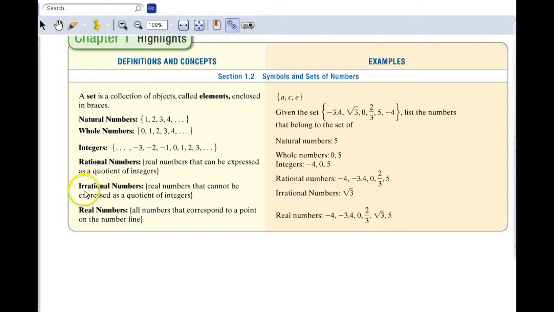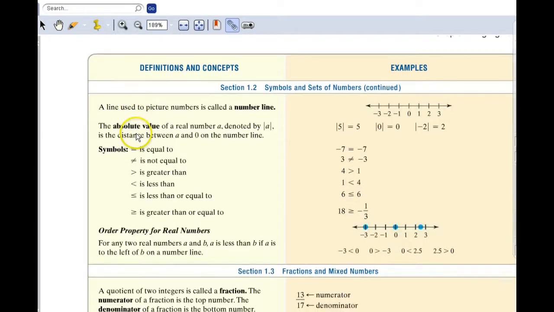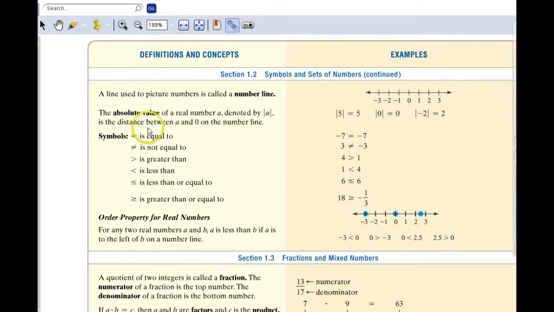These would be the irrational numbers. And if you look over here, you see examples of all the things we've talked about. And then finally, all of the numbers on the number line are real numbers. So let's go on to the next page. So again, some good stuff here.